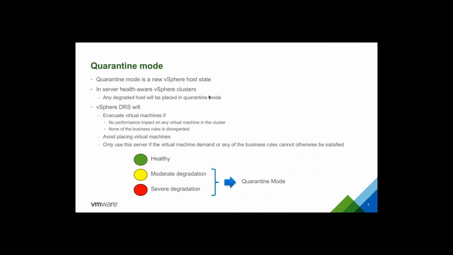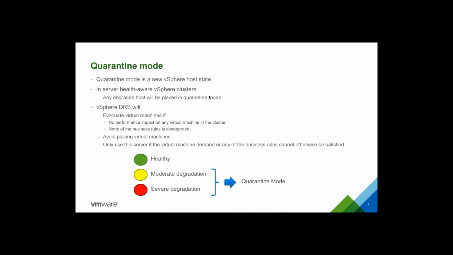And in that case, you can choose to completely evacuate the host, whether by placing it into a full maintenance mode instead of just quarantine mode. Throwing a host into maintenance mode is going to do exactly as you would always do for a maintenance mode operation.